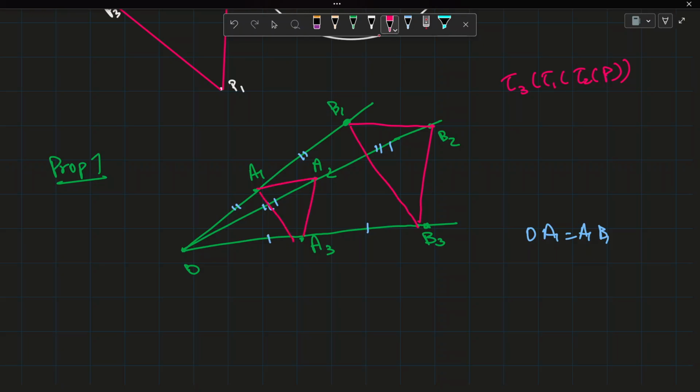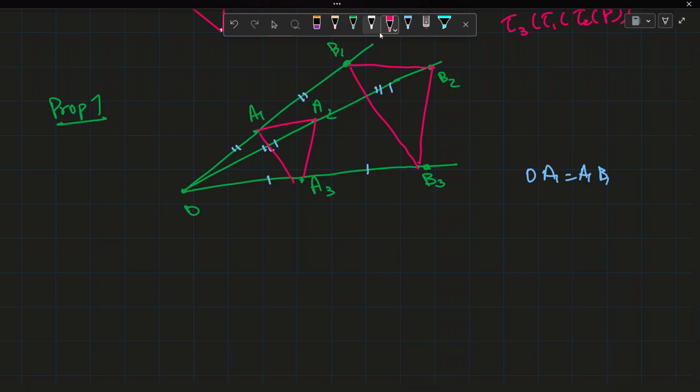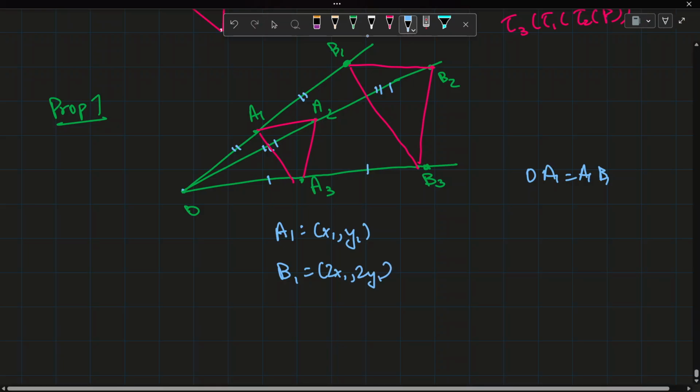To prove it formally, what you can do is draw a coordinate system centered at O, and suppose A1 has the coordinates x1 comma y1. Then by the construction B1 has the coordinates 2x1 comma 2y1, and B2 will become 2x2 comma 2y2, and B3 will become 2x3 comma 2y3.